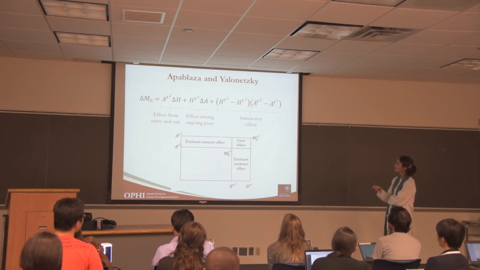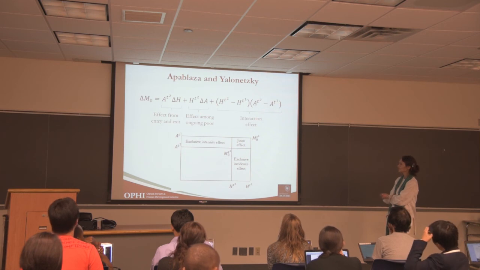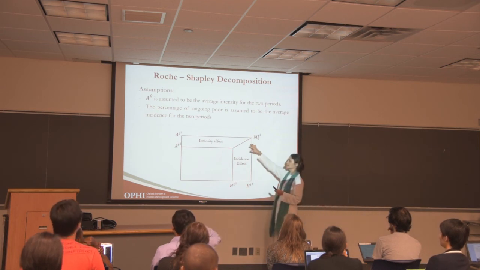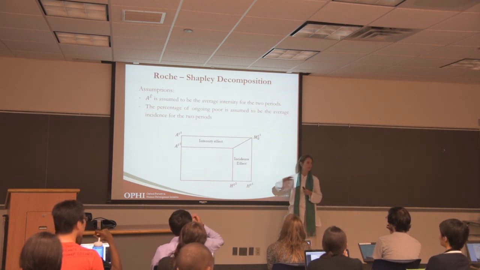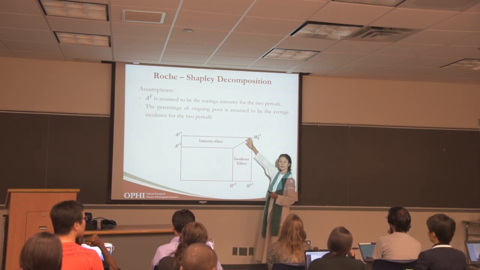So that's the equation. This is the decomposition of M0 into the effect from people who entered and exited poverty, the effect among the ongoing poor, and this interaction. The Shapley decomposition is really neat, and it's the same whether you're using growth Shapleys or poverty Shapleys or whatever, but it basically gets rid of this interaction effect.